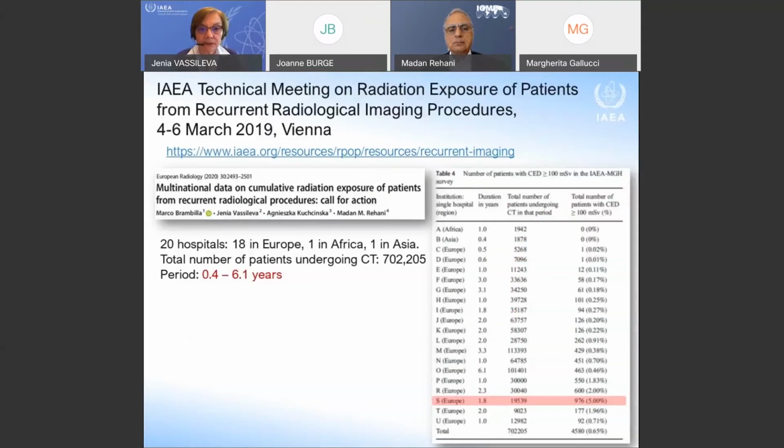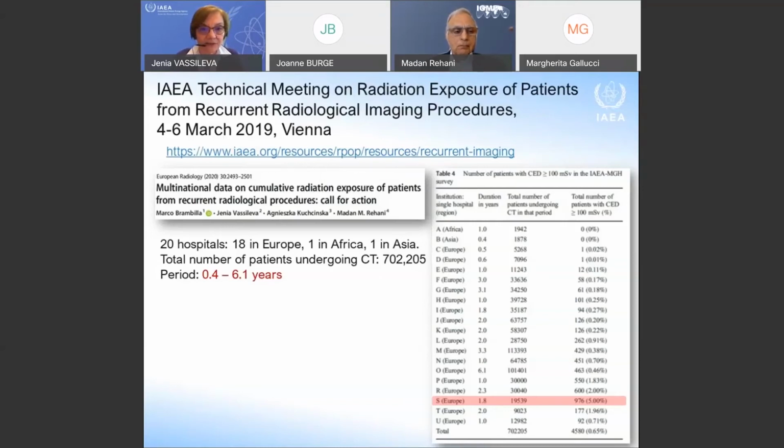In this survey, we collected data from 20 hospitals, 18 of which were in Europe, 1 in Africa, and 1 in Asia. The issue with having data from all regions is access to radiation dose monitoring systems, because this was, of course, the main source of data: automatic exposure monitoring systems available in these hospitals.